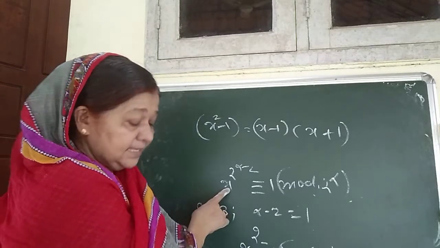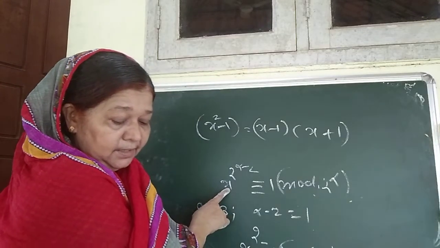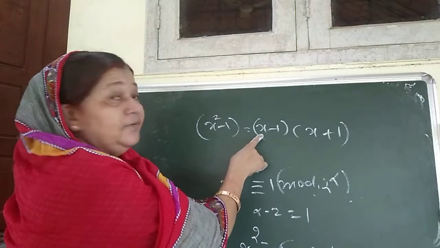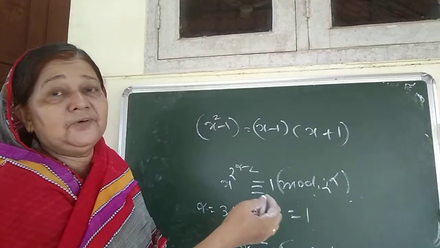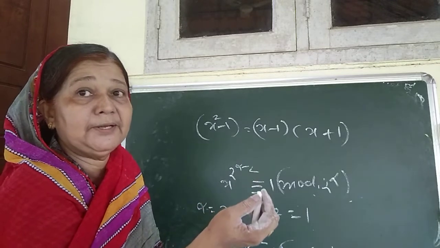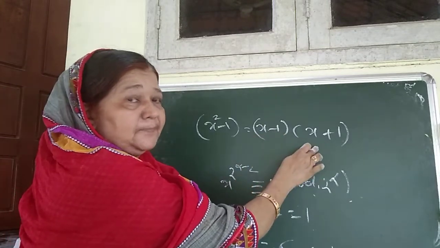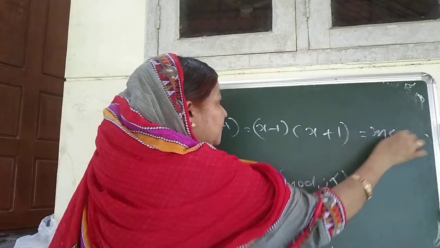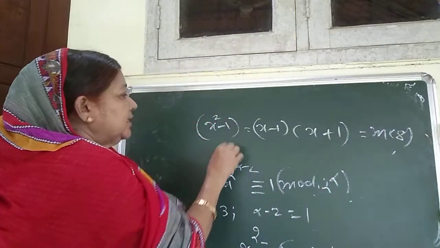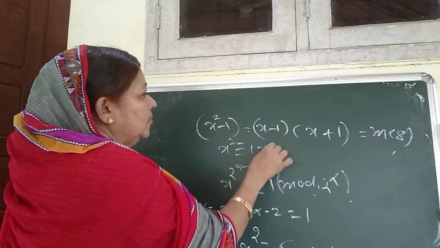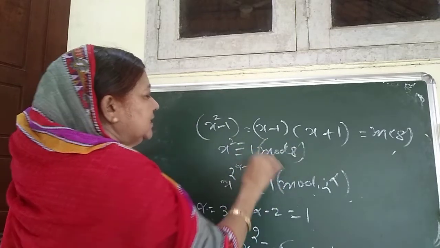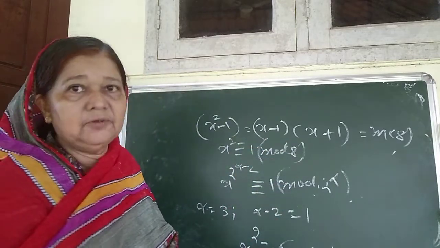So we can see that x is an odd integer. Then we have x minus 1 is a multiple of 2 and x plus 1 is a multiple of 4. Therefore, this x minus 1 into x plus 1 is a multiple of 8. That is, x square is congruent to 1 mod 8. That is, the theorem is true for alpha equal to 3.